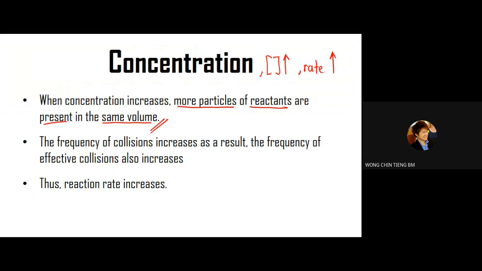No. I have the same group of people but I change the volume. Alright? I bring this group of people, saya tambah orang. Yes, concentration increases but my volume increases. Betul? So, kamu takkan melanggar juga. Make sense? So, constant volume must be that. Okay, the number of particles increases in the same volume. That's why the collision increases. That's why the effective collision increases.